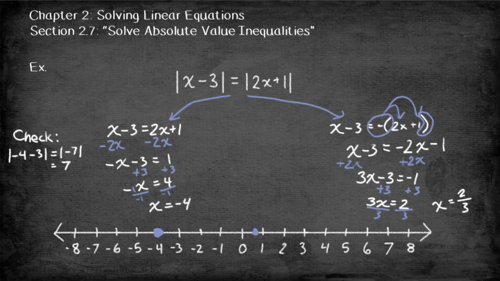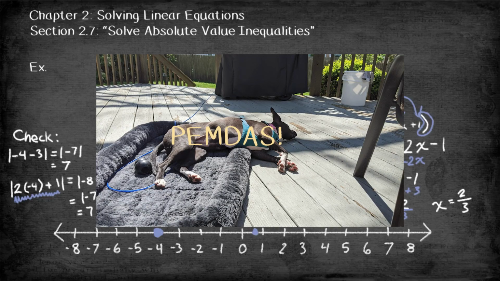And the way that we're checking is we're substituting x on both sides of the equation. Don't forget that we treat the absolute value like a grouping symbol, and we have to follow order of operations inside.